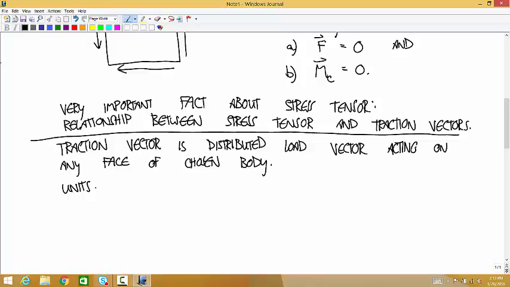The units for traction, since we're talking about a distributed load acting over an area, are going to be the same as they are for stress. So it's going to be force per area. And the SI units are going to be pascals.